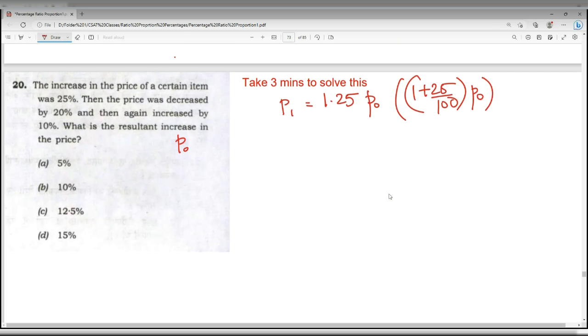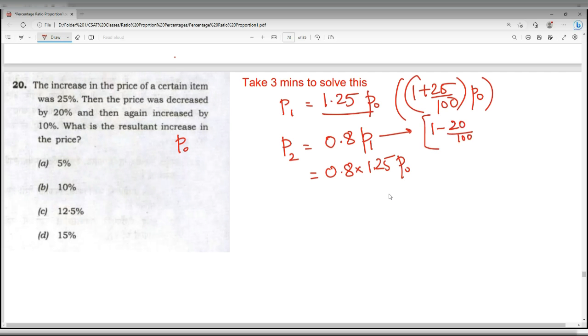And then after this, P2 was 0.8 into P1. This is 0.8 into 1.25 P0. And how has this come? This is (1 minus 20 by 100).